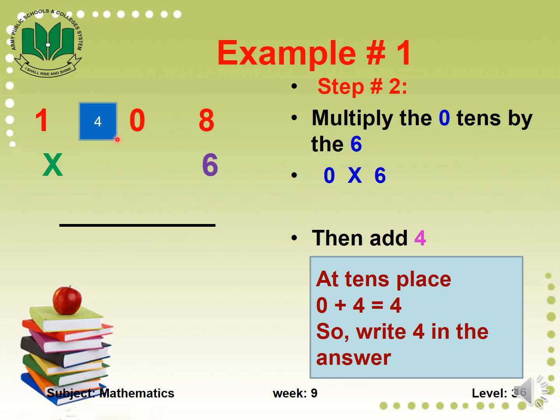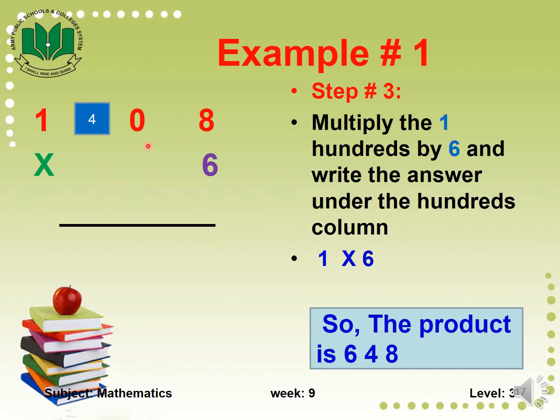We have 4 as the carry at tens place. Now we will multiply this 0 with 6, and when we multiply 0 with 6, the answer is 0. And you know, here is carry at tens place. We will add this 4 in this 0. When we add 4 in 0, the answer is 4. So we will write 4 in the answer here.